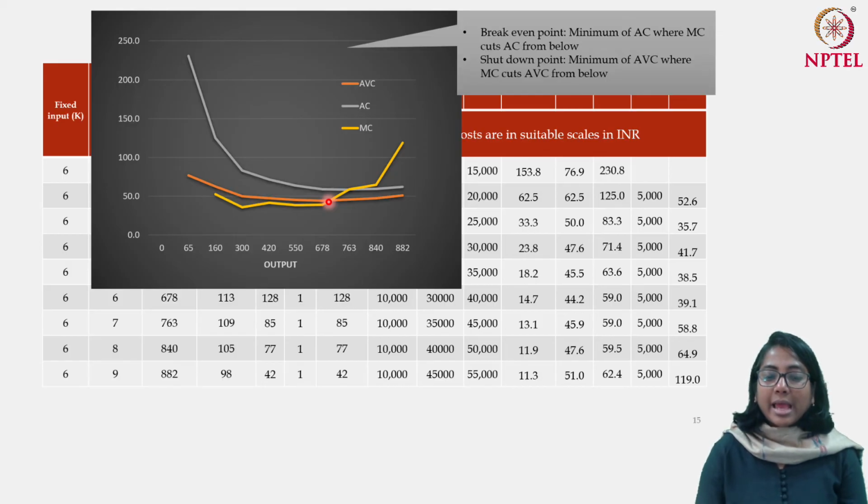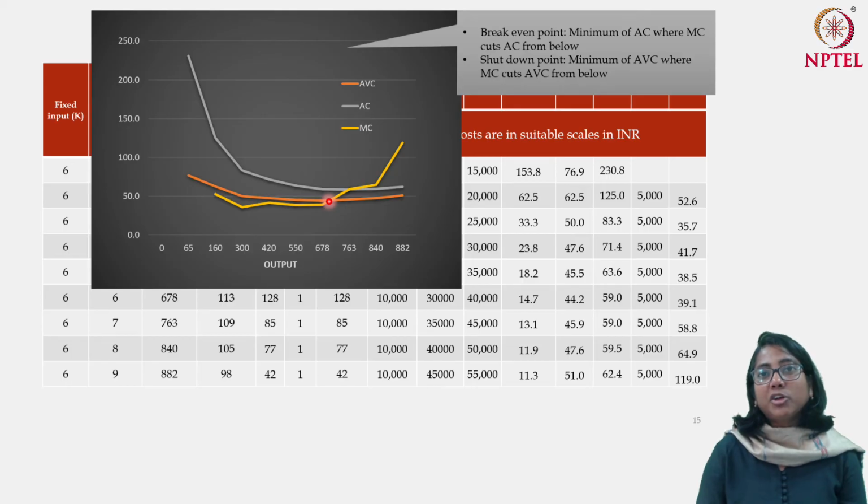Why? Because at the minimum point of the average variable cost, if you sell at this point, then the total revenue that you earn is actually equal to the total variable cost. So if your revenue goes down below the total variable cost, you actually cannot provide fuel to the power supply sector in order to produce electricity, and you have to shut down your plant.